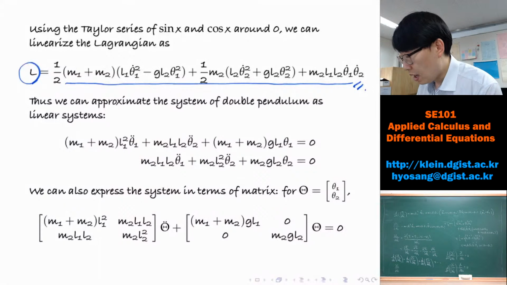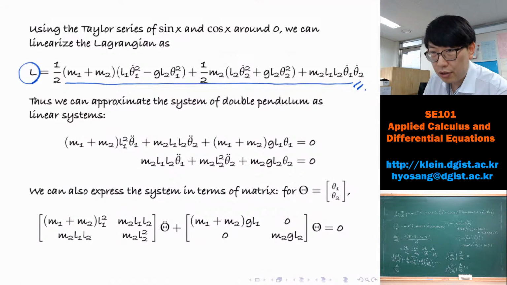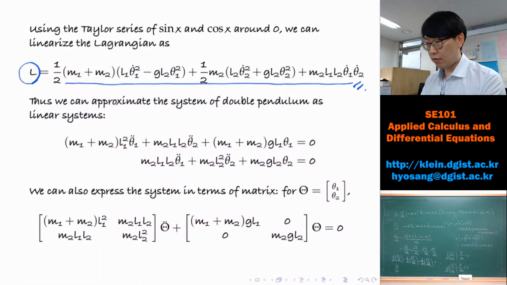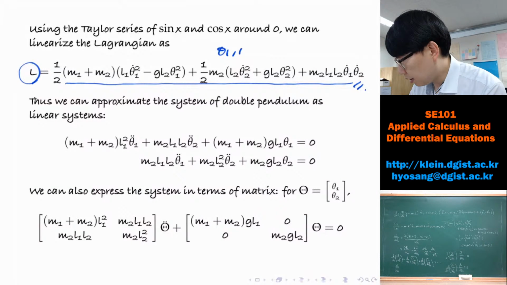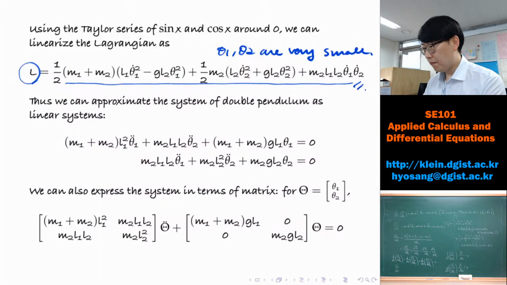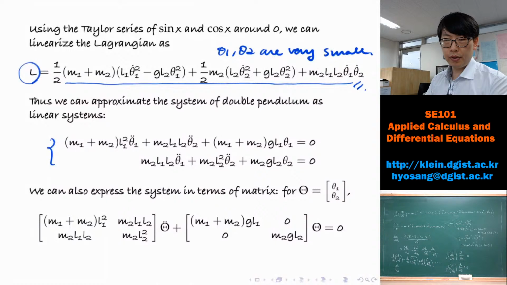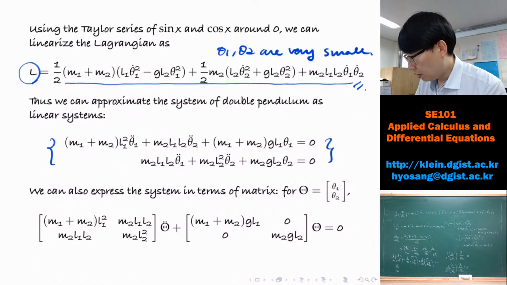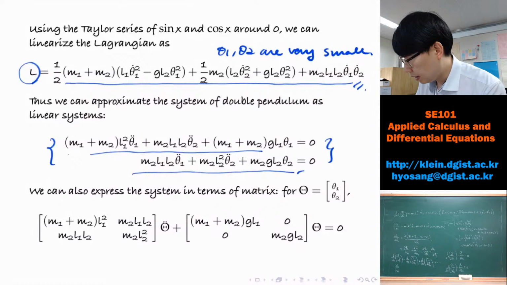If you apply the Euler-Lagrange equation to this Lagrangian, which is not the actual Lagrangian but an approximation, assuming that theta 1 and theta 2 are very small, then the Euler-Lagrange equation gives us a comparatively simpler form of differential equation. You don't have a cosine or sine. It's just the linear terms here. Everything is linear.